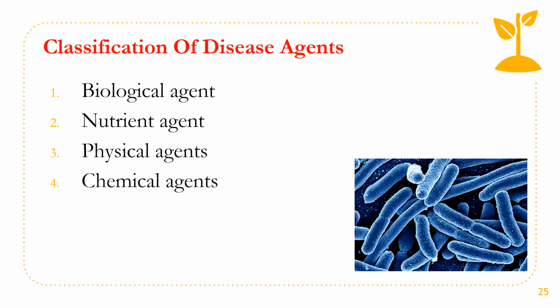Then physical agent, like without proper exercise, people are gaining weight, which leads to diabetes, or immobility leads to some other diseases. Chemical agent, for example, if you are consuming or inhaling mercury, you will be knowing what are the adverse effects of mercury, or smoking, carcinogenesis effect. So these are the disease agents.